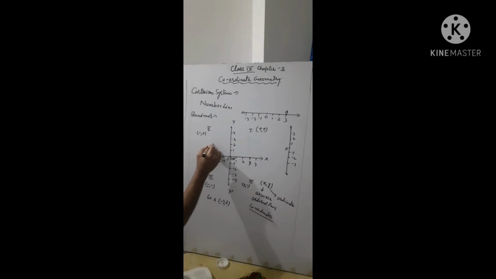If you see the graph paper, there are lines parallel to the X dash axis and lines parallel to the Y dash axis on both sides. So -3, that is the abscissa, and 2 is the ordinate. So this point represents -3, 2.